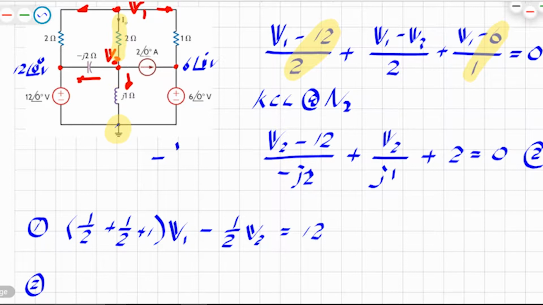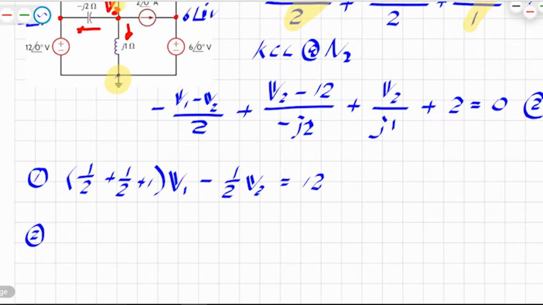That is V1 minus V2 divided by 2. So it should be 4 branches. Now you can see all the signs related to V2 are positive, so I'm going to keep it that way. And therefore, this -1/2 of V1, then plus, now I'm going to combine all the terms with V2.